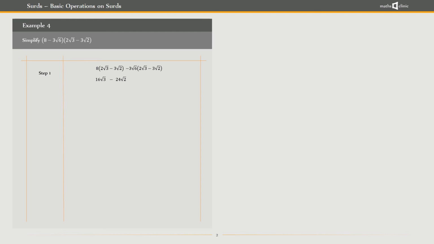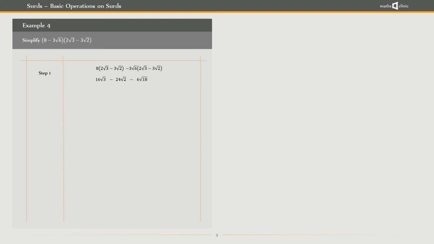So we have minus 3 root 6 multiplying 2 root 3. You multiply the two numbers outside, minus 3 times 2, so you have minus 6, and then you multiply the surds, 6 times 3, which gives you 18. So you have 6 on the outside and 18 as the surd, so minus 6 root 18. You do the same for the second surd: minus 3 root 6 multiplying minus 3 root 2.